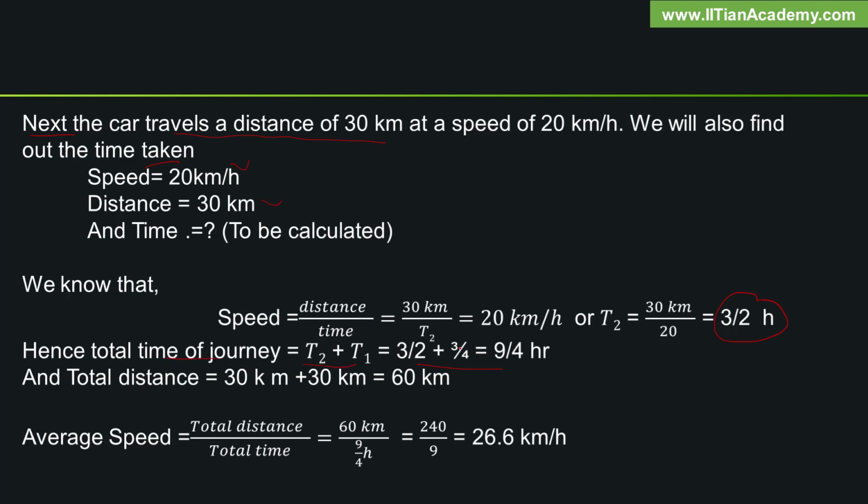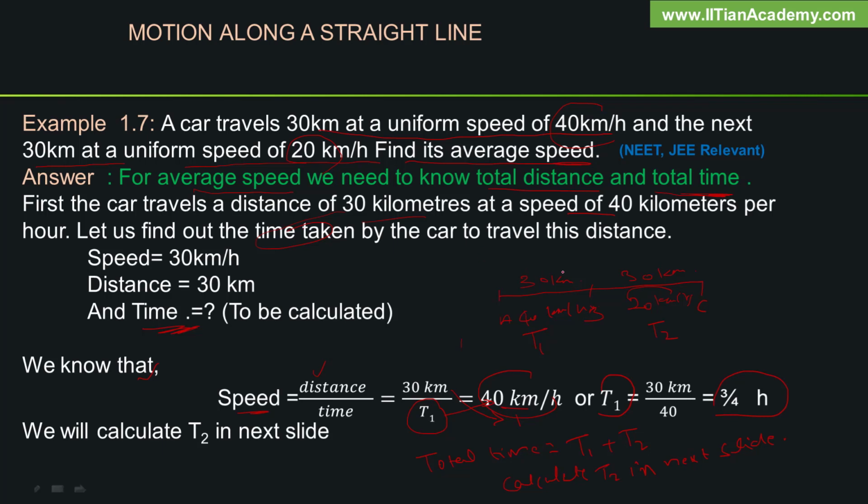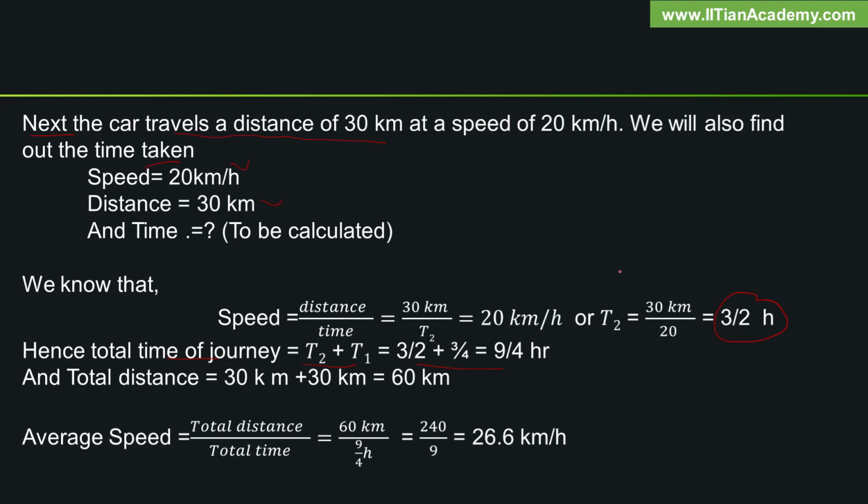Hence average speed is total distance traveled divided by total time taken.